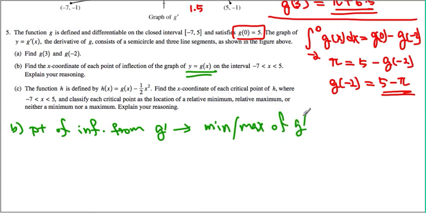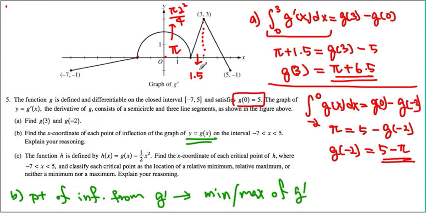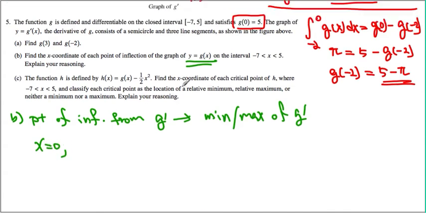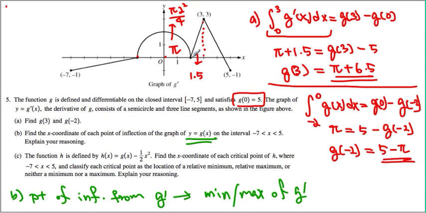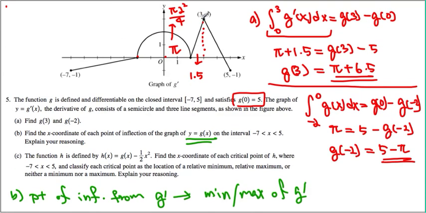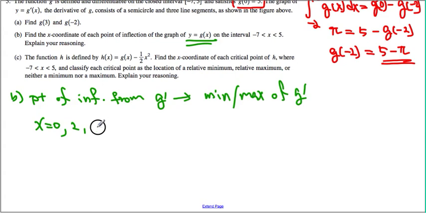Now, where do we see that? From here to here. We see a maximum here, which is when x equals 0. And then a relative minimum over here, which is when x equals 2. And we see a relative maximum over here when x is equal to 3. So those are the only values.